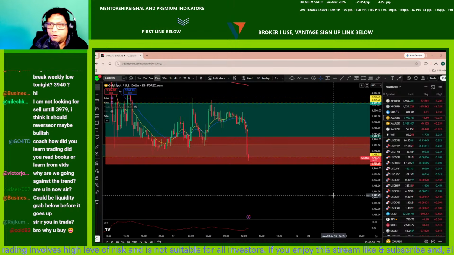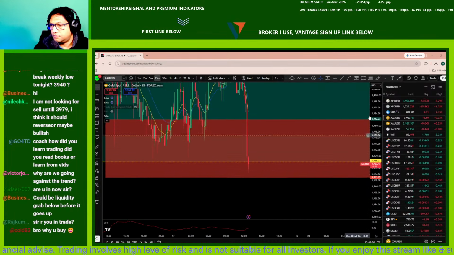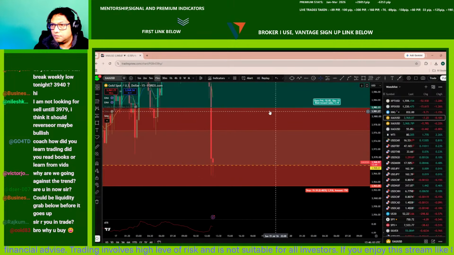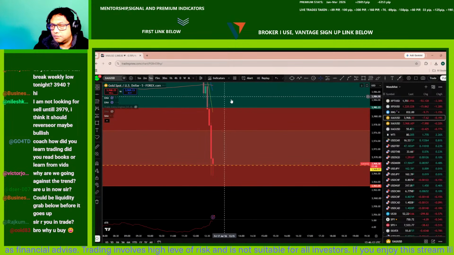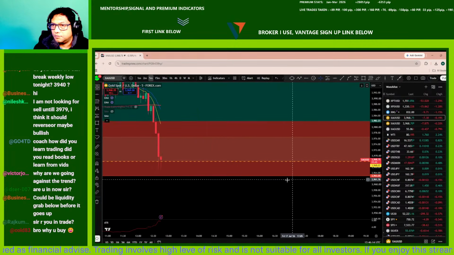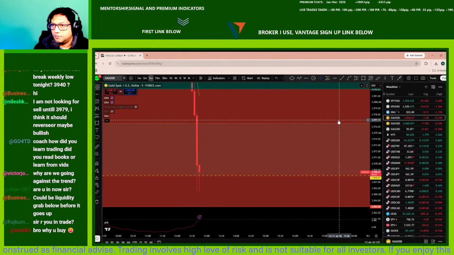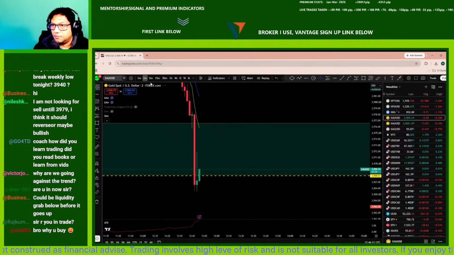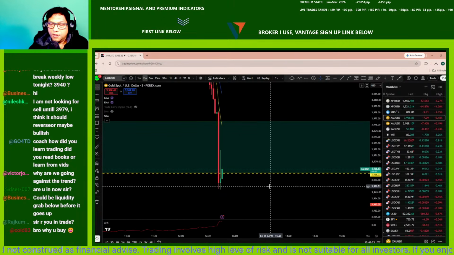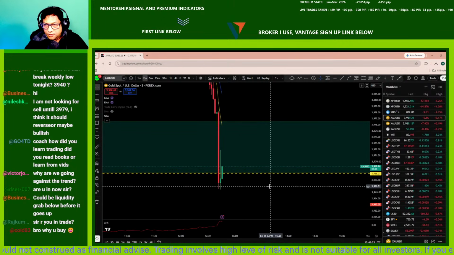It is below the support, and okay, there's a narrow pin bar or doji formation here at this level.